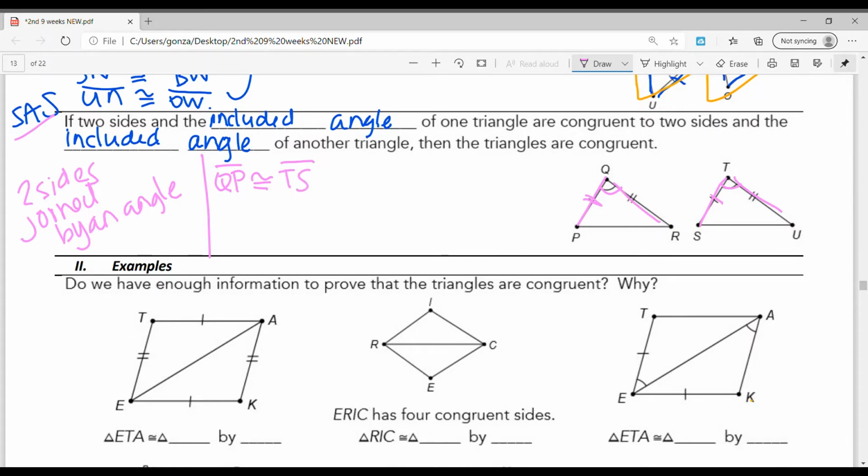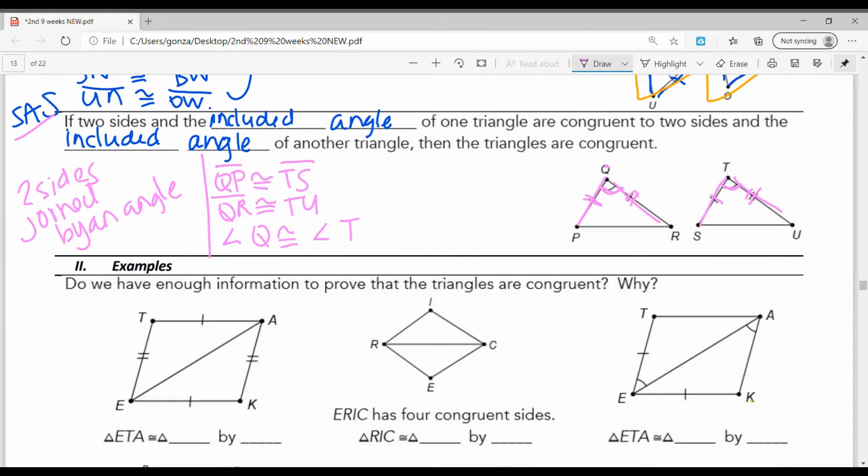That's my first statement. And then I have a second segment, QR, because I have two hatchings. So now I can say that QR is congruent to TU. And then lastly, I'm going to say that angle Q is congruent to angle T, because you have that symbol right there.